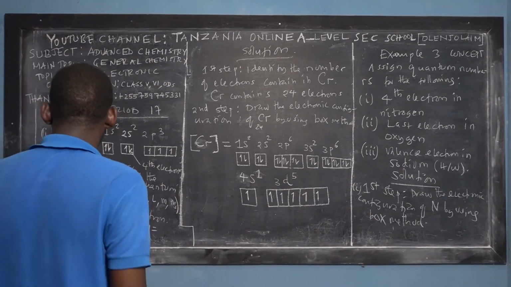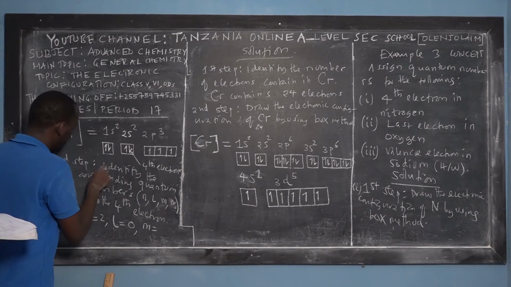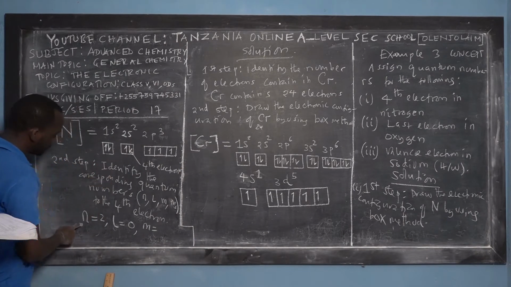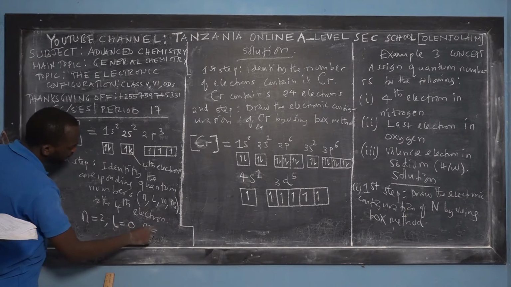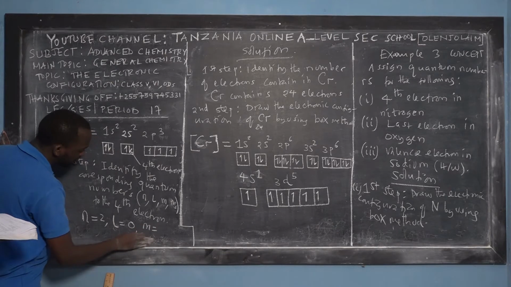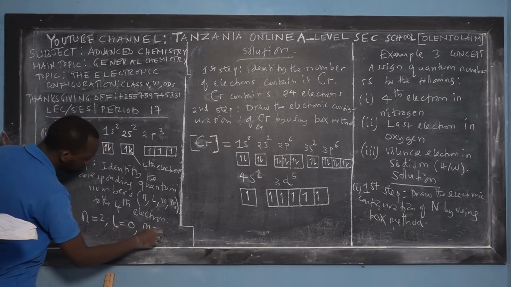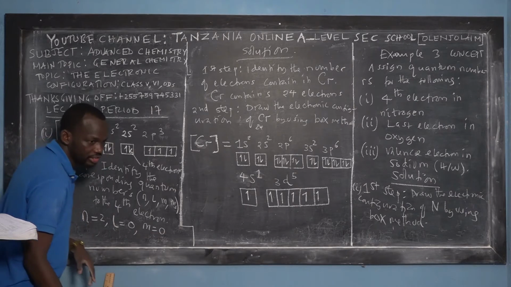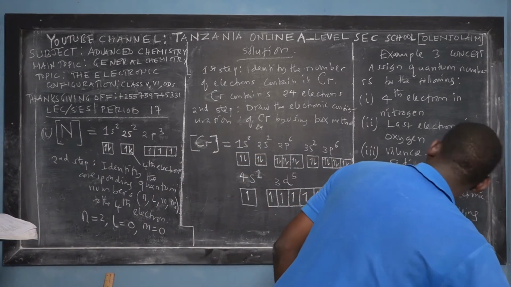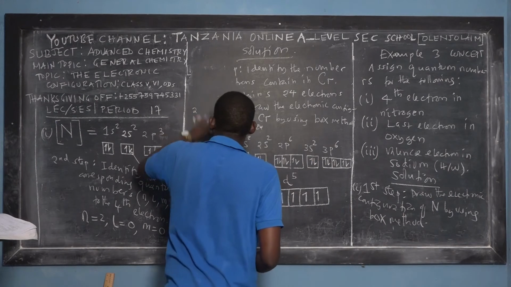Okay, so when I say that the principal quantum number is n equals 2, and the subsidiary quantum number is l equals 2, and then the magnetic quantum number for this case is 0, and the spin quantum number we just write in the next column in case you don't see them clearly.